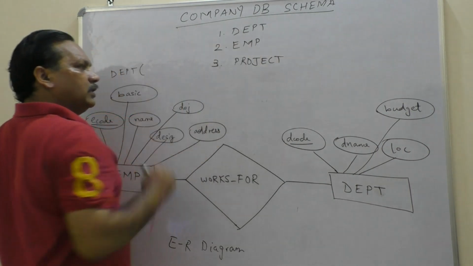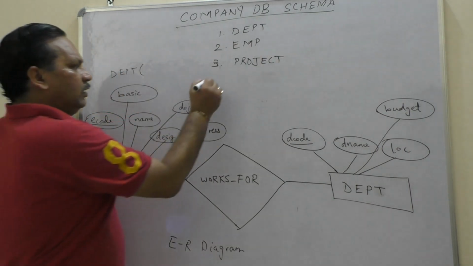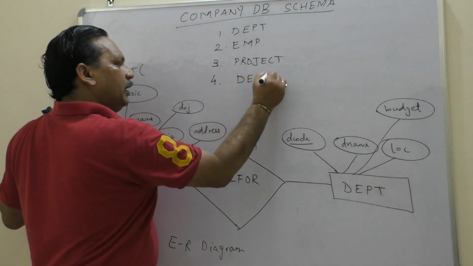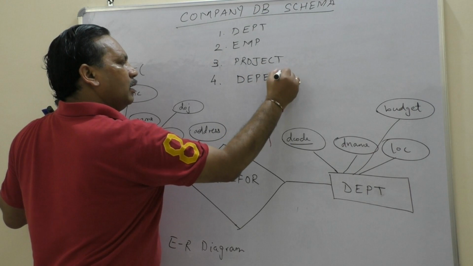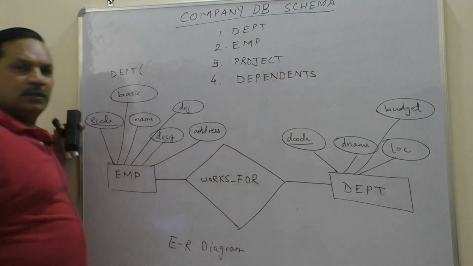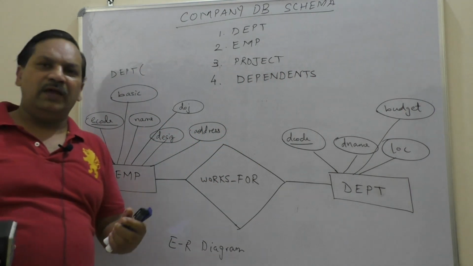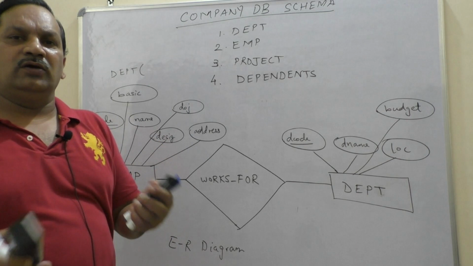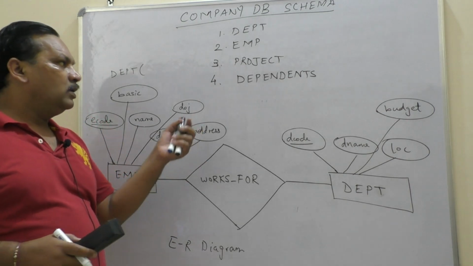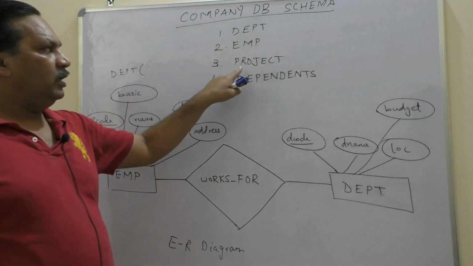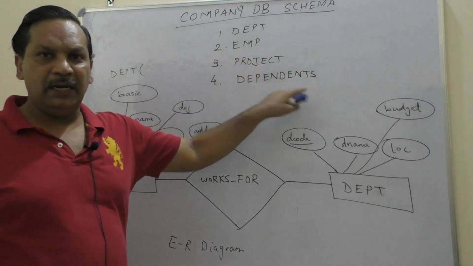So project is another entity set. Then fourth is dependents. That means if the employee is married, his wife, his son, his daughter, or even if he is unmarried, his father or his parents will depend on him. So these are the tables we create: employee, department, project, and dependents.